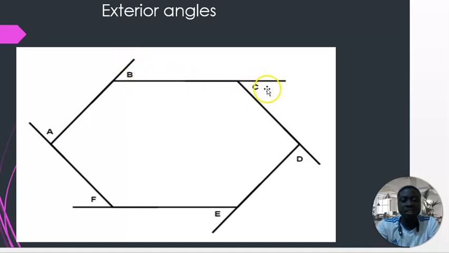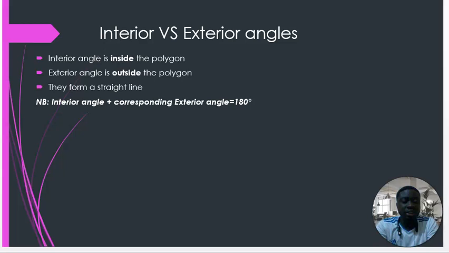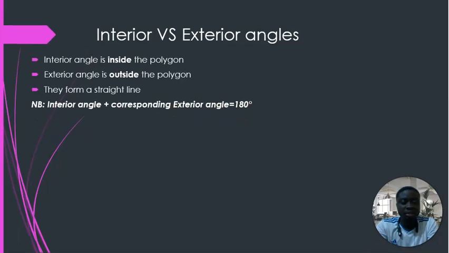Also, this exterior angle here corresponds to another angle which is here. So we realize that this is on the straight line. This interior angle also corresponds to this exterior angle D, and this interior angle also corresponds to this exterior angle E. So that explains what we just said: interior angle plus corresponding exterior angle is equal to 180 degrees.